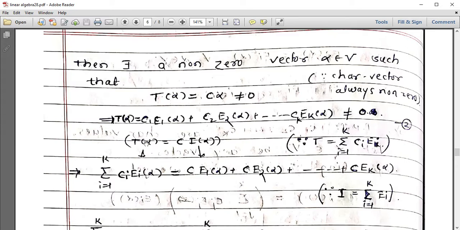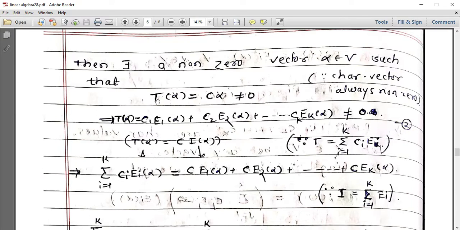C alpha is nothing but C times I of alpha, and I of alpha is written as E1 plus E2 plus up to Ek of alpha. So C is a common term: C into E1 of alpha, C into E2 of alpha, C into Ek of alpha. Here is the reason. T is equal to summation Ci into Ei for i equal to 1 to k.